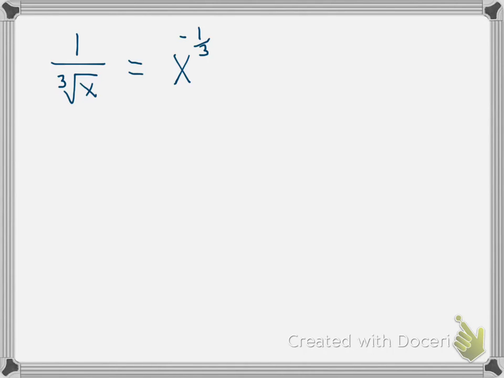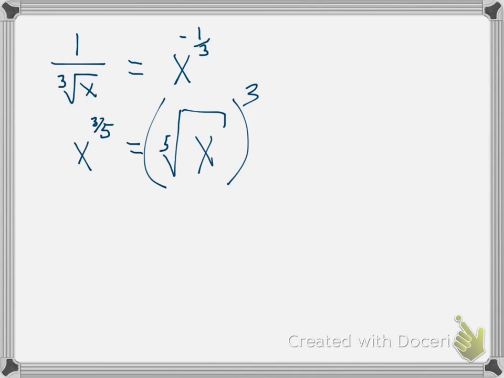Now if I had x to the 3/5 power, the denominator is telling me that I'm taking the 5th root of x, and then the numerator tells me that I'm cubing it. Okay?